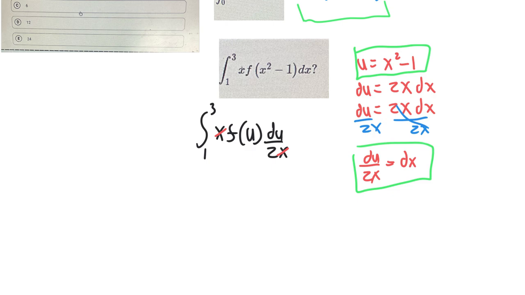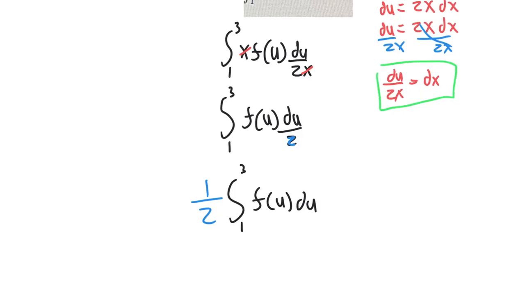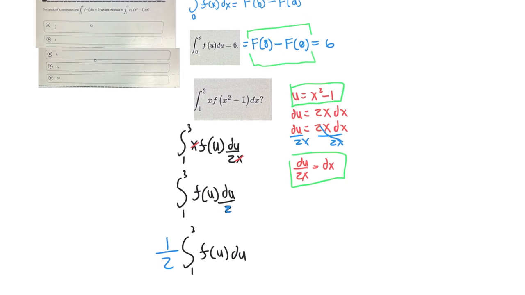Now, what are we left with? Well, of course, we are left with this scenario now, and everyone can see, well, we have this pesky 2 on the bottom. I think everyone can see that we could extract 1/2 out of the whole thing, and then we would have this. Now, let's think about this in terms of the fundamental theorem of calculus.